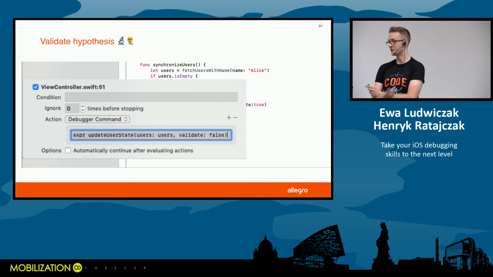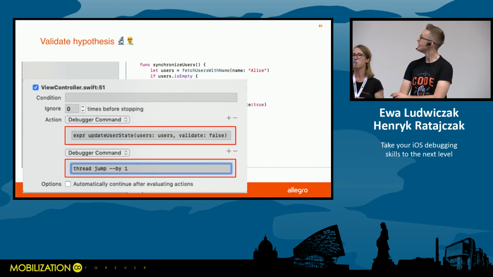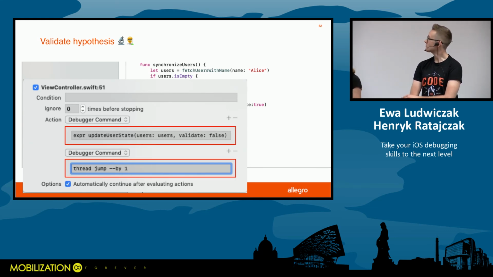But if we do this, we call this function twice, so that's not what we expect. So we can add another debugger command and use a nifty function of LLDB called thread jump by 1, which will literally step over to the next line without calling it. Two functions, expression and thread jump.